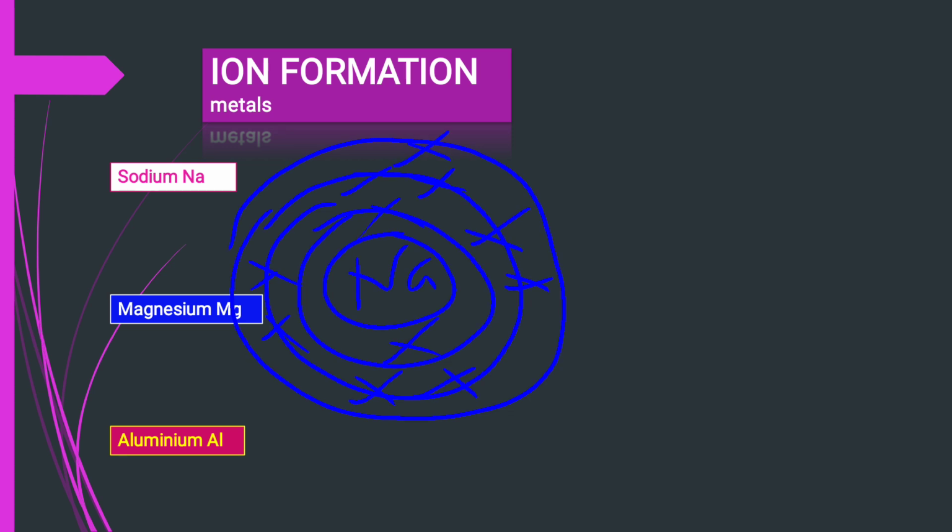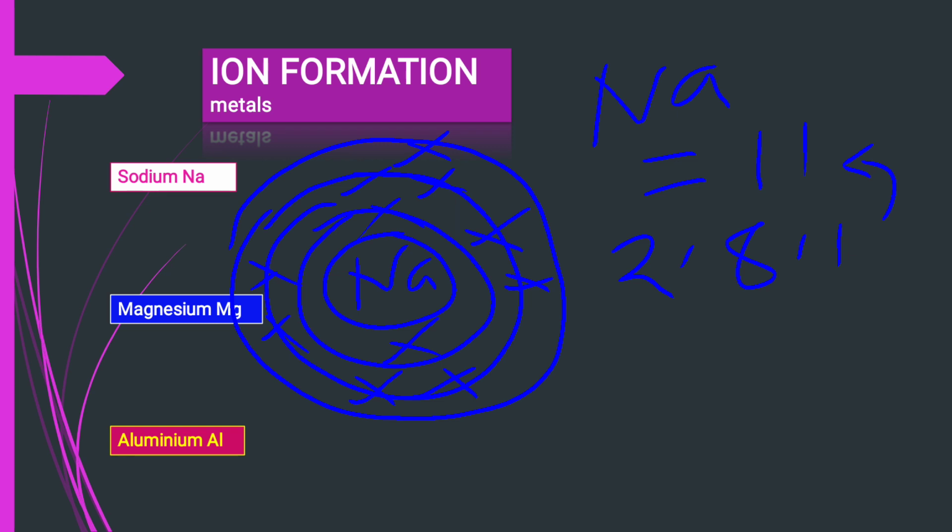Where are we getting this from? We are getting this from sodium being a metal with an atomic number of 11. This means that its electron configuration is 2, 8, 1. If you add 2 plus 8 plus 1, you get 11.